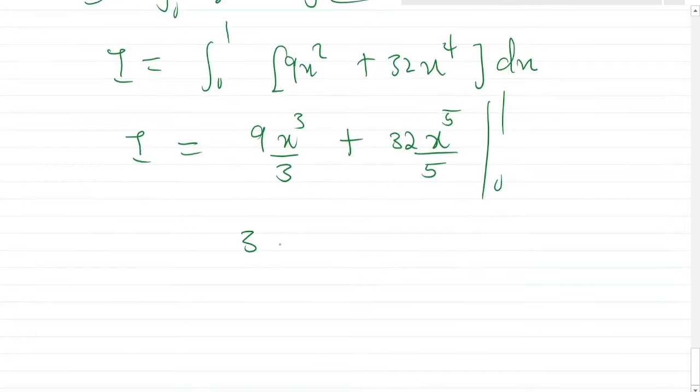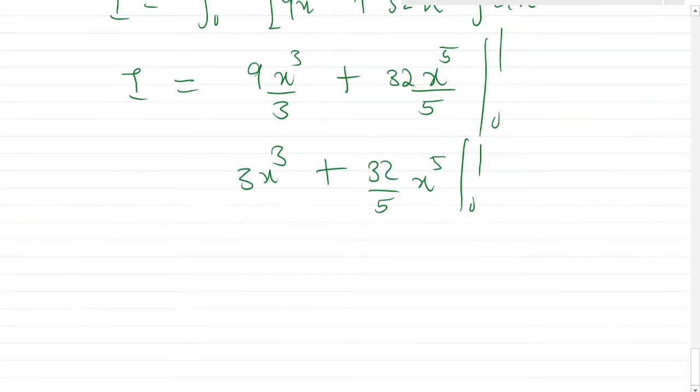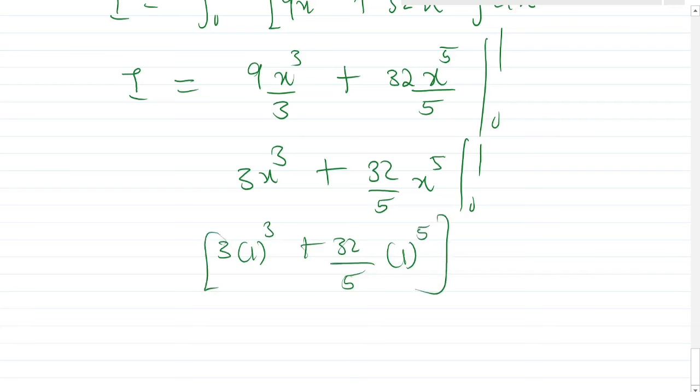So this should be 3x cubed plus 32 over 5 x to the power of 5 from 0 to 1. If you evaluate this, if you put 1, that would be 3 times 1 cubed plus 32 divided by 5 times 1 to the power of 5. Then if you put 0, everything will be 0.